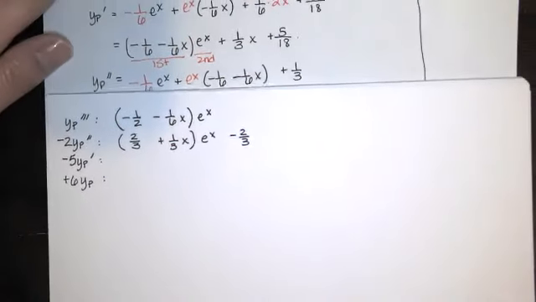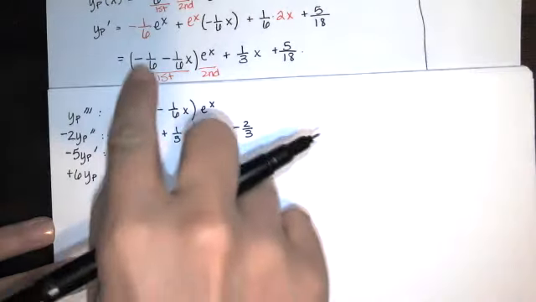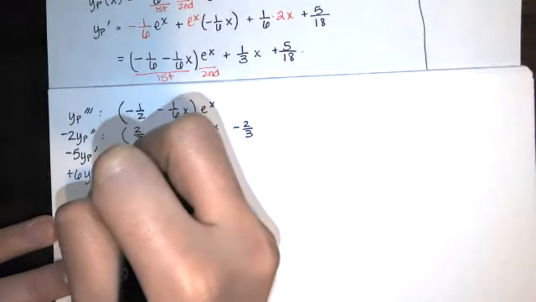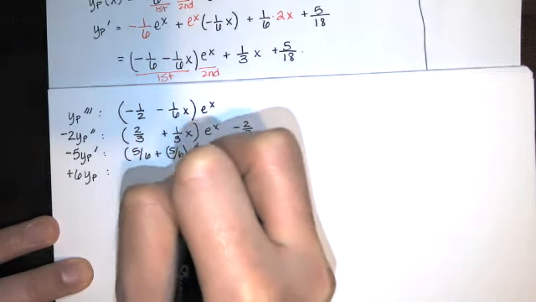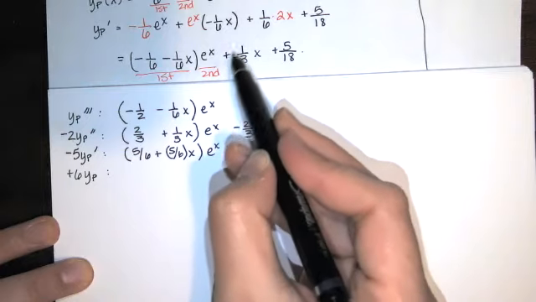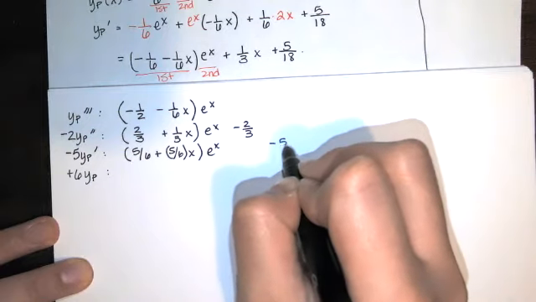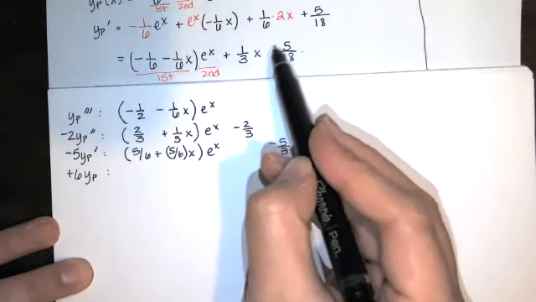Now I want to take y sub p prime and multiply it by -5. So -5 times this is going to give me a positive 5/6 plus 5/6 times x times e to the x. And then I'm taking this and multiplying by -5. So I've got -5/3 times x there. And then I want this times -5.